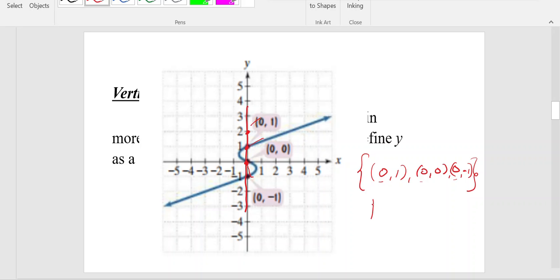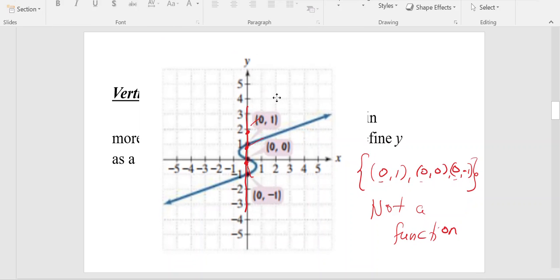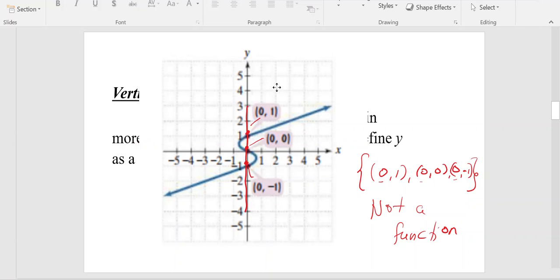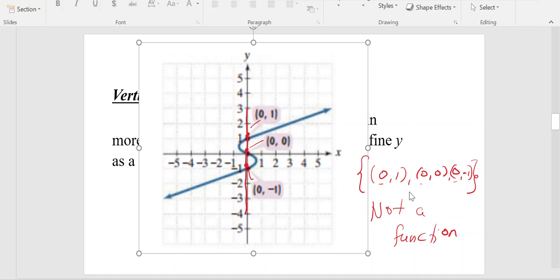So that is why the vertical line test is working, because when you draw a vertical line and it intersects the graph at 3 points, and then you write those 3 points, that means one of the elements in x corresponds to more than one.